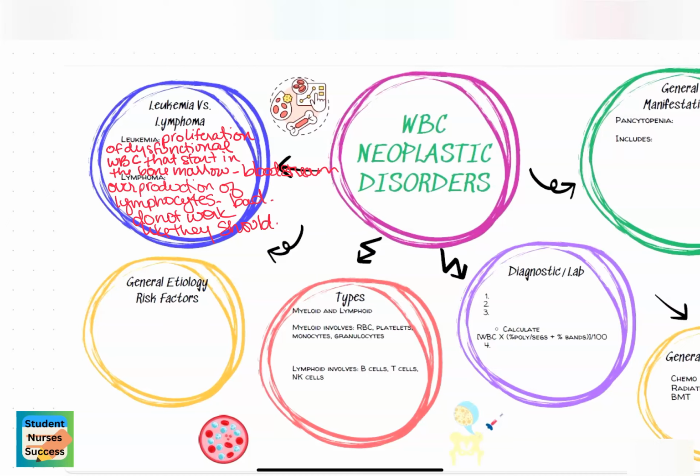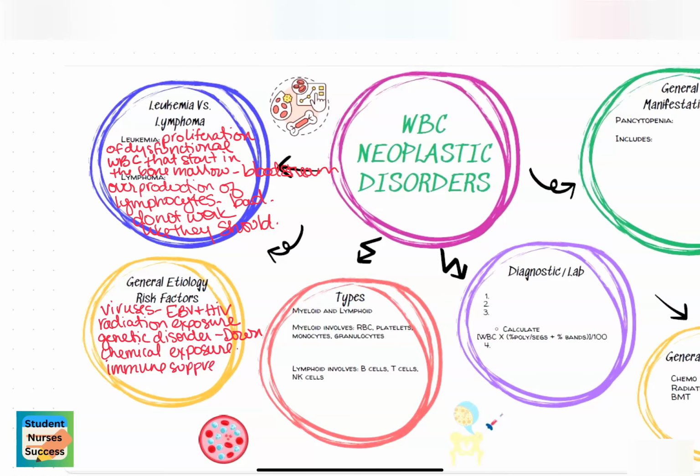General causes include viruses, especially Epstein-Barr virus and the HIV virus, radiation exposure, genetic disorders, such as Down syndrome, we know increases the risk of leukemia, chemical exposures like maybe benzene, and just general immune suppression.